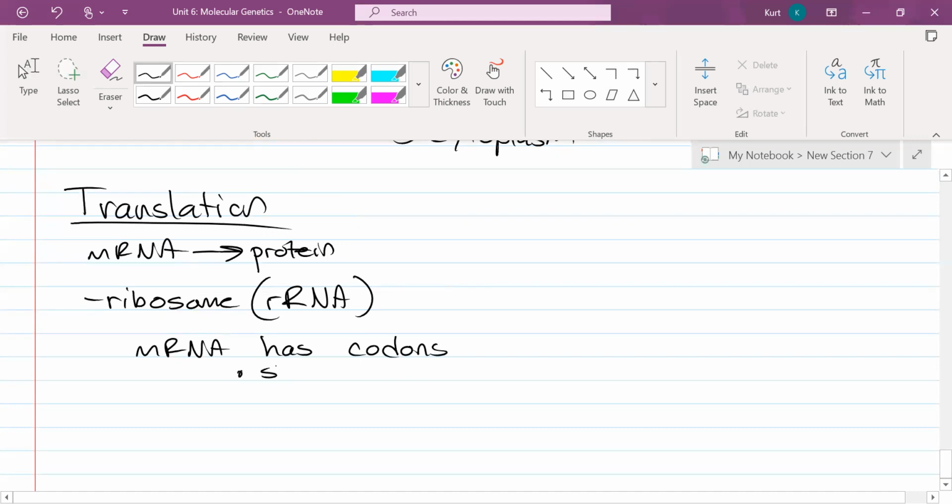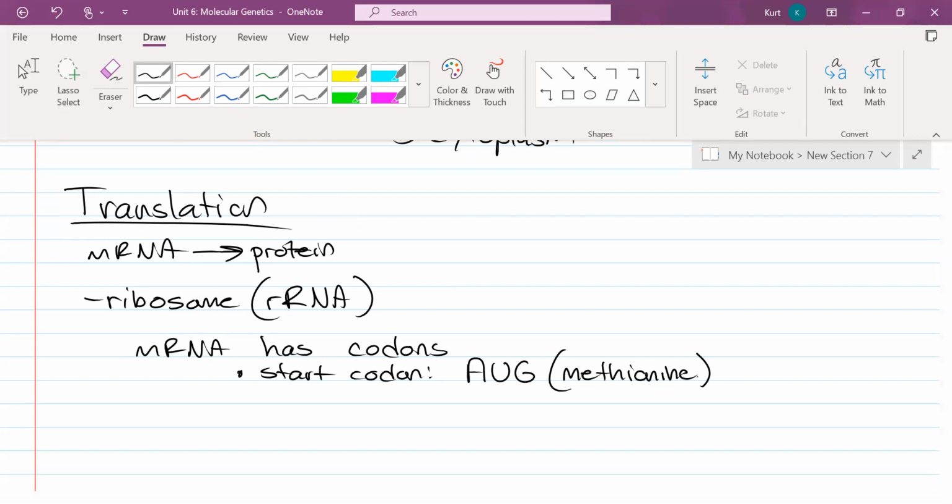AUG. So for instance, every mRNA begins with the start codon AUG. This codes for the amino acid methionine. Do you remember how many different amino acids there are? There's 20.